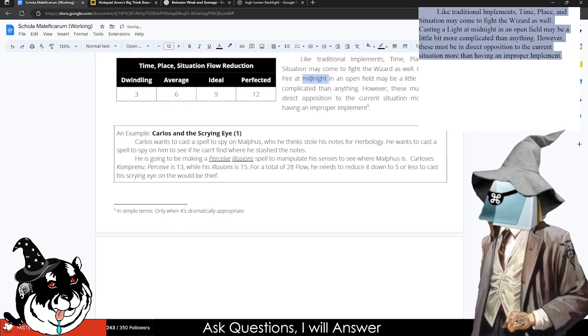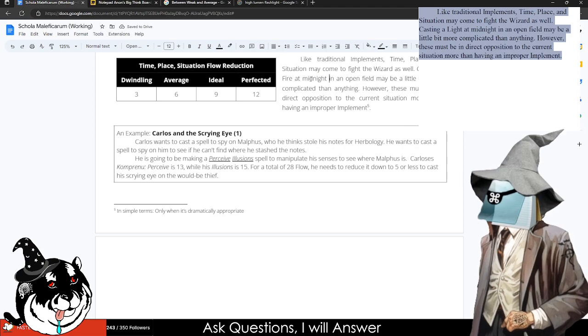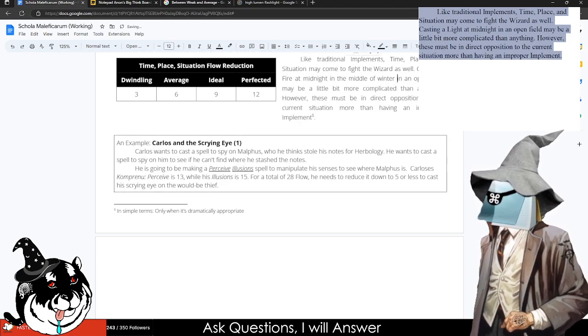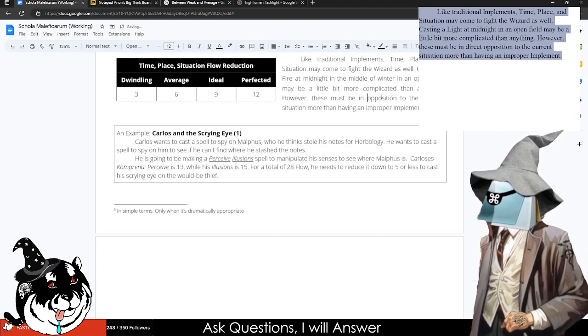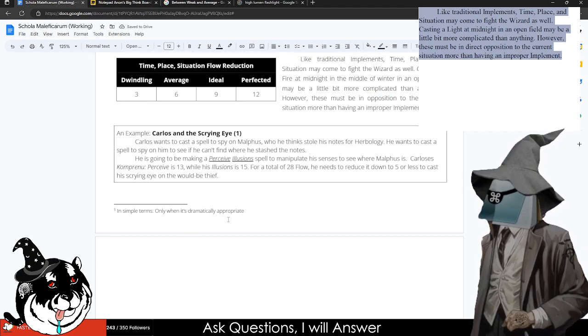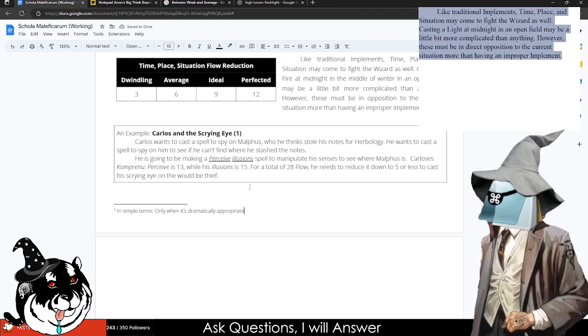Casting a fire at midnight, in the middle of winter, in an open field, maybe a little bit more complicated than anything. However, these must be in opposition to the current situation, more than having an improper implement, only when dramatically appropriate.